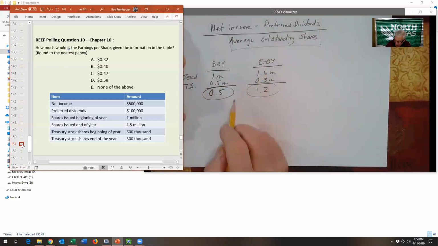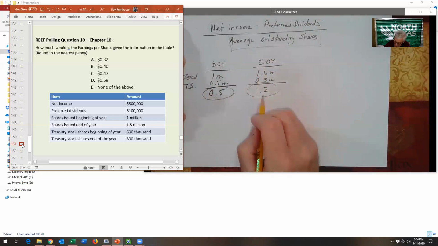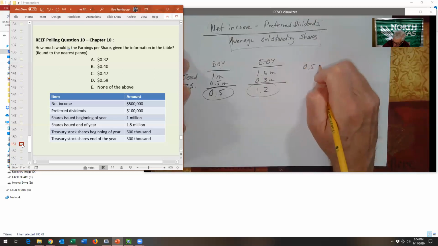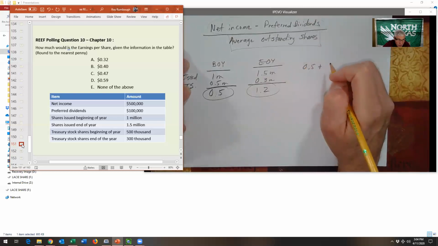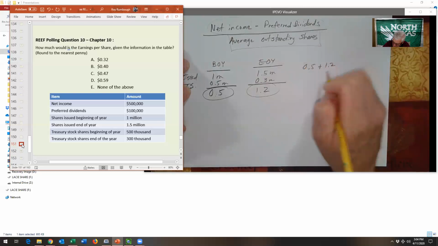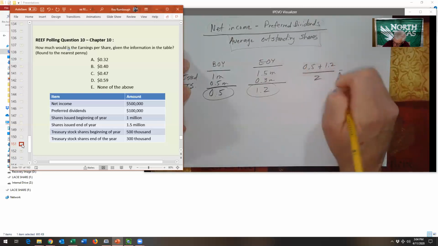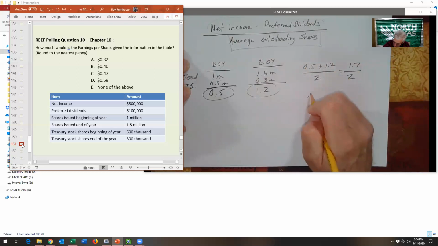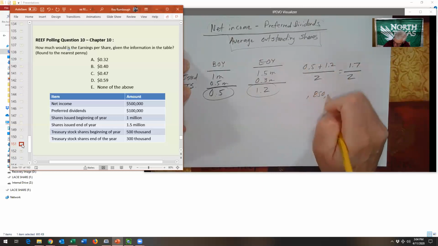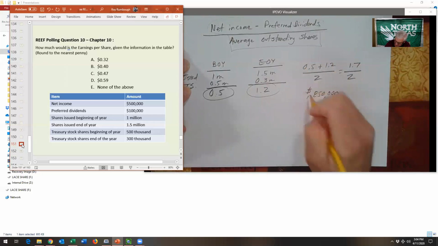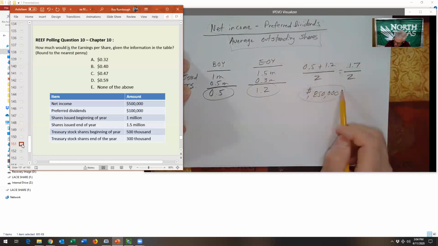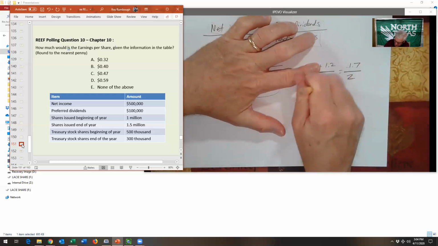Therefore, average would be beginning of the year plus end of year divided by 2. 0.5 plus 1.2 divided by 2. So 1.7 divided by 2, or 850,000 shares. No dollars on that, just the shares.